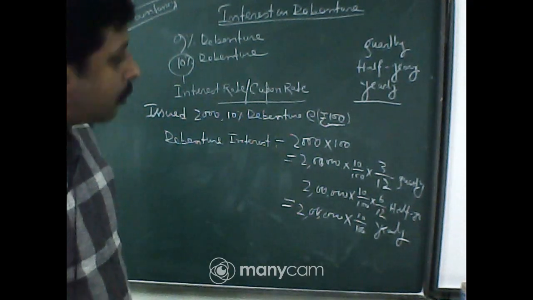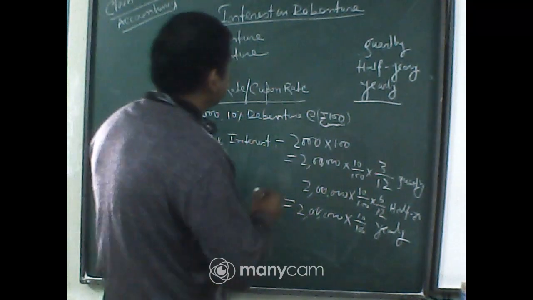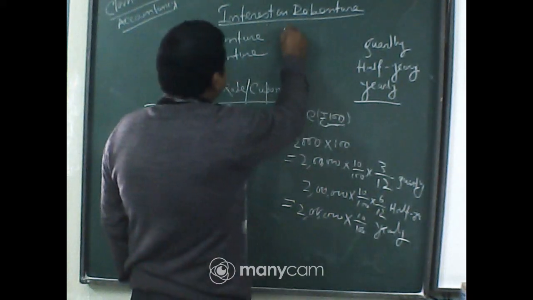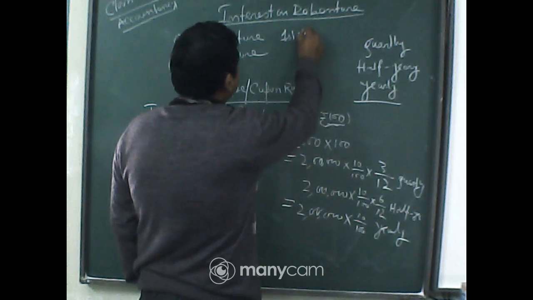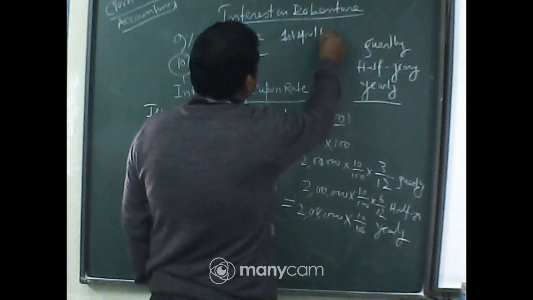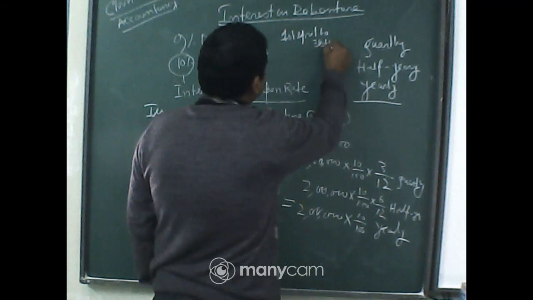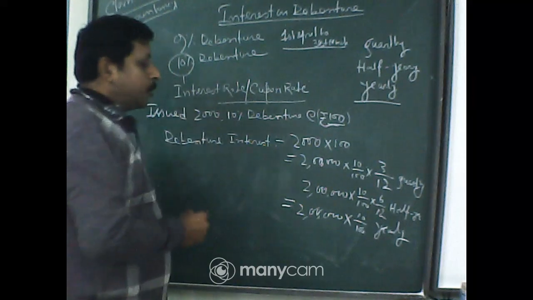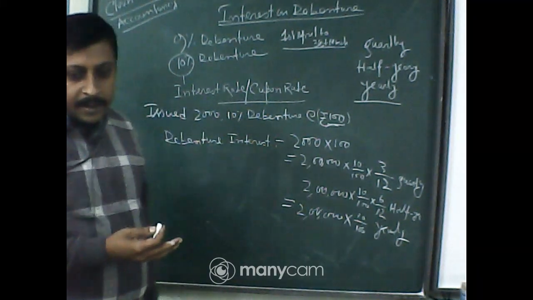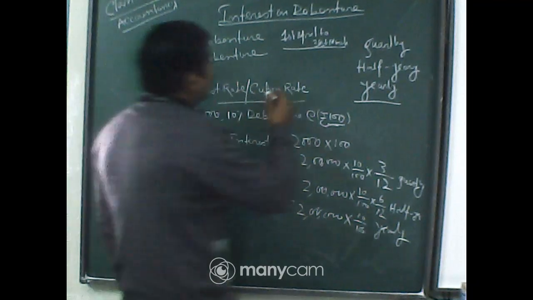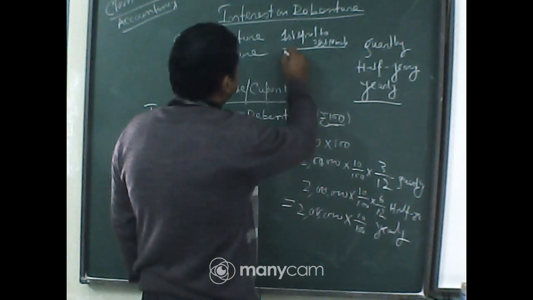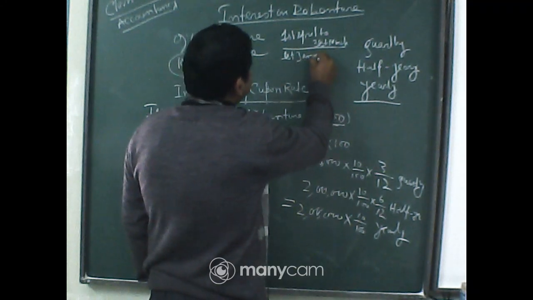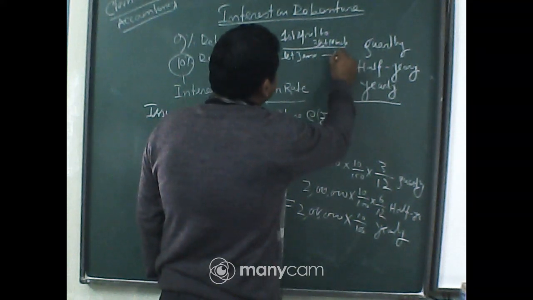Before that, one thing I would like to say: sometimes the company follows the financial year, that is 1st April to 31st March, but when they give the interest, they follow the calendar year, that is 1st January to 31st December.